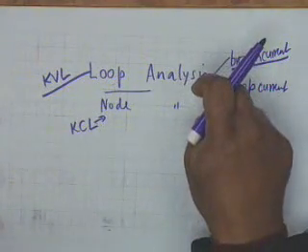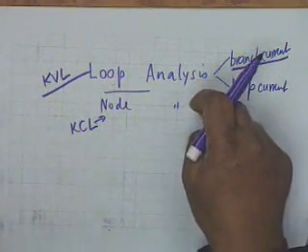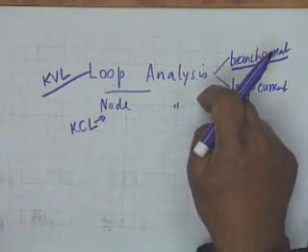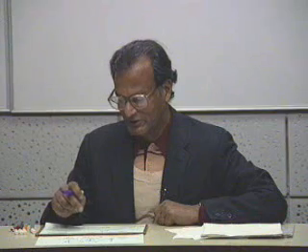In loop analysis, we solve for currents, in node analysis, we solve for voltages. Either method is okay for a given situation, but as you shall see later on, one of them shall be preferable in a given situation. In a given situation, you might have to work less with node analysis rather than loop analysis. Is the point clear?